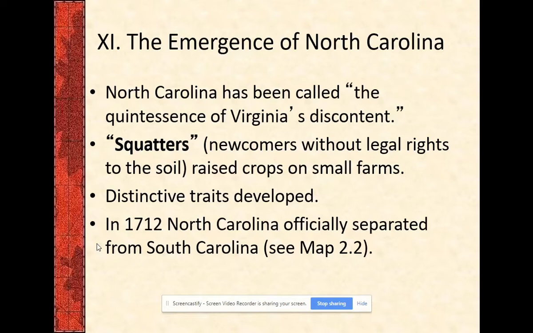In fact, many of the squatters along the Carolinas' northern border had been landless farmers frustrated by the plantation elites of Virginia. They had illegally squatted on the unclaimed land and established small farms there without the consent of the Carolina proprietors. In 1712, Northern Carolinians petitioned the king to grant them a separate royal charter, which was granted.